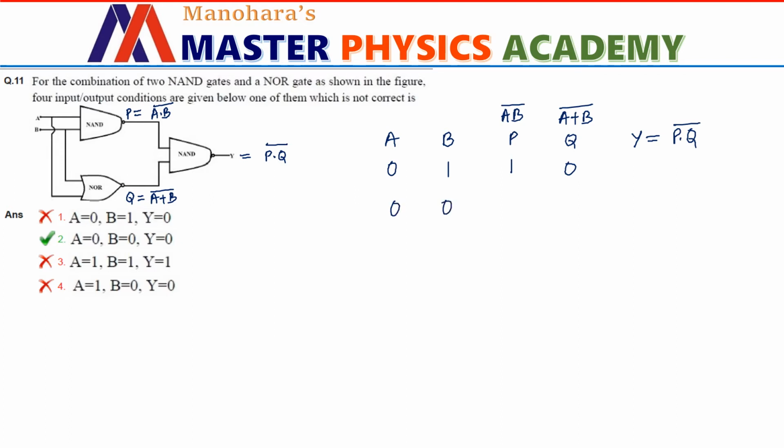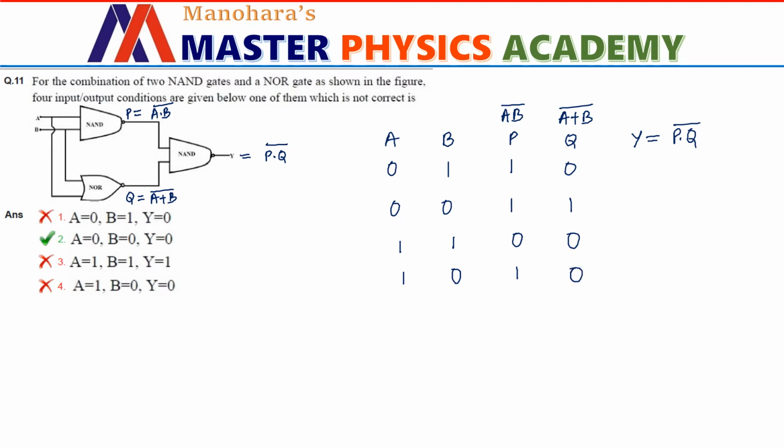So the output P will be 0 into 0, that is 0, its inverse is 1. 0 plus 0 is 0, its inverse is 1 again. Now the third input is 1 and 1. 1 into 1 is 1, its inverse is going to be 0, 1 plus 1 is 1, its inverse is going to be 0. Now the final case, that is A equals 1, B equals 0. 1 into 0 is 0, its inverse is going to be 1, 1 plus 0 is 1, its inverse is going to be 0.